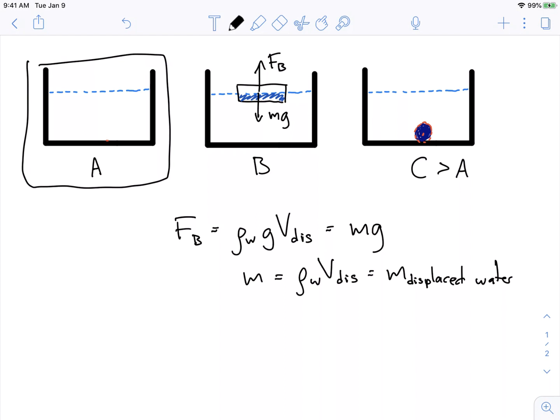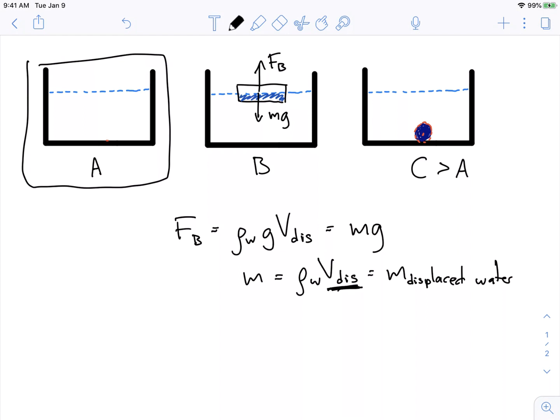And this is the key. What it means is that we could take this object out and replace it with this much water, and it would weigh the same. Well, how much water is that? Well, that's the water that's just under the surface here.